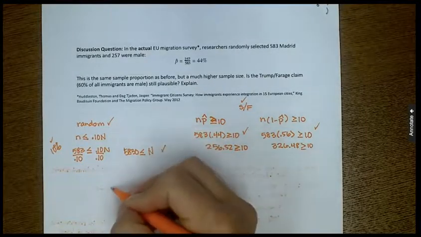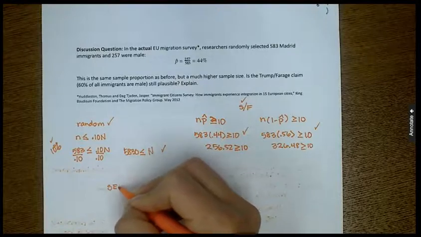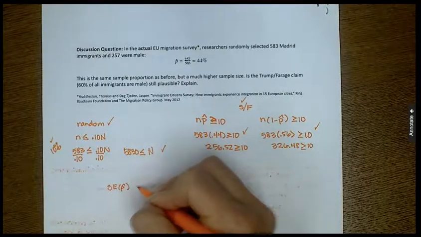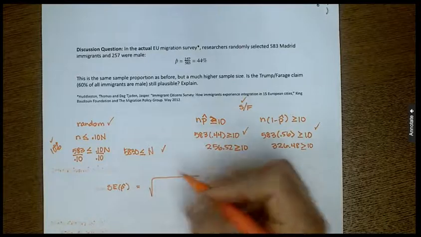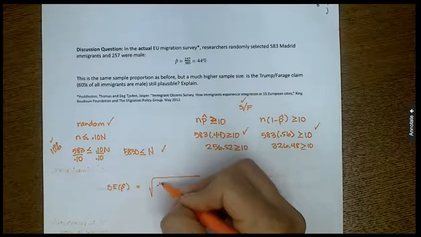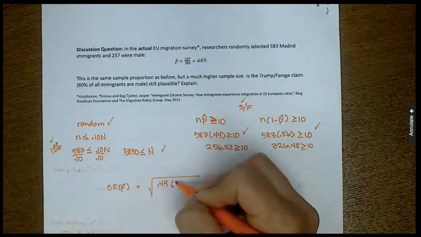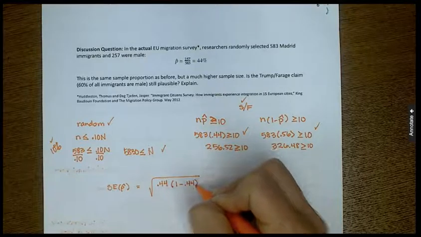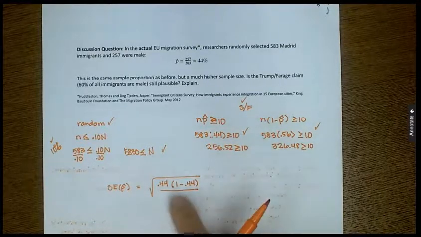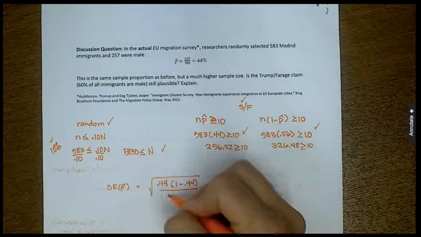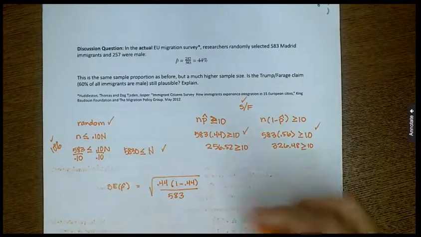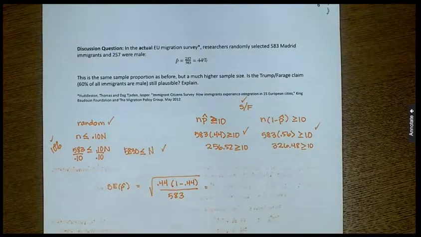So the standard error of p hat is going to be the square root of p hat, which was 0.44, times 1 minus 0.44, divided by our n value, in this case 583. So let's figure out what that is. 0.44 times 0.56 divided by 583. And then I'm going to square root that.